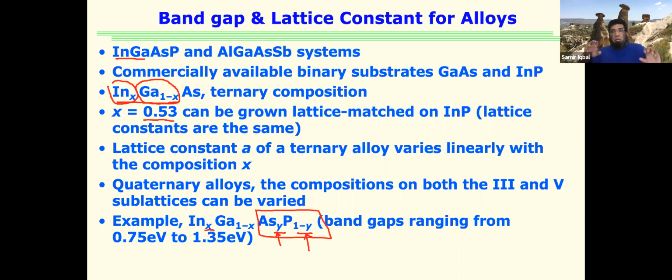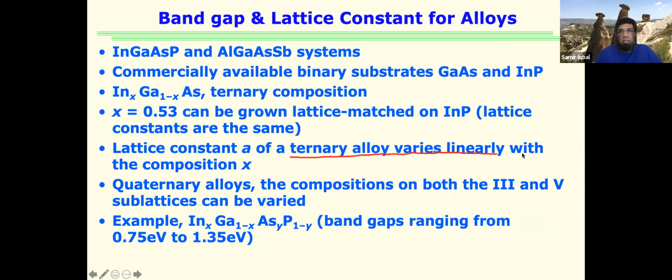All right. Now, why do we do that? That would change the lattice constant, and hence it would change the band gap of the material. So this is essentially what I showed you on the slide. This is all the same information just given here. We can change the lattice constant by changing the group 3 elemental composition in a ternary alloy.